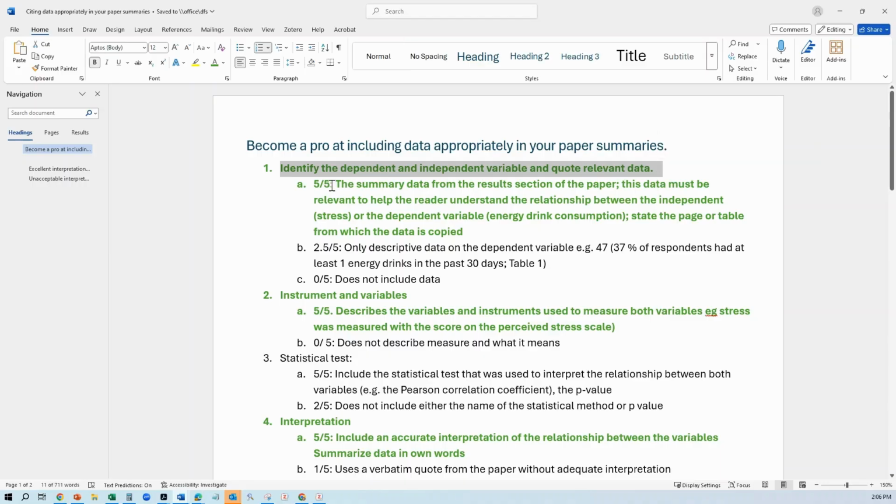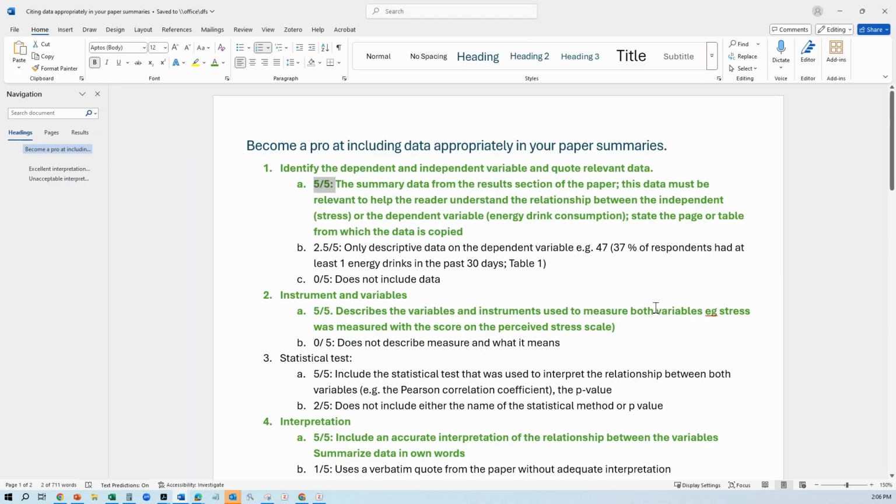When you summarize, the summary data is from the results section, not from the abstract, not from the discussion. The data must be relevant and help the reader understand the relationship between the independent and the dependent variable. And you should state the page or table or figure from which the data was obtained. That's a 5 out of 5 score right there.